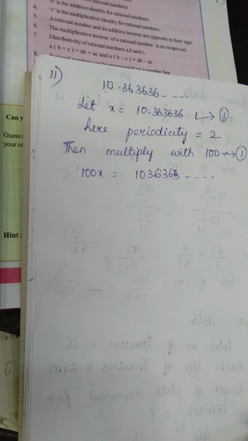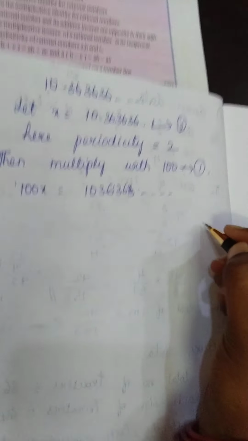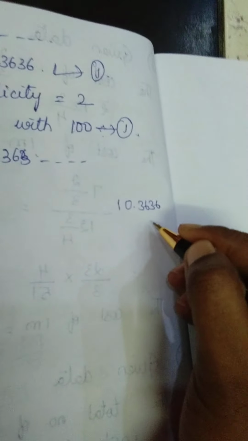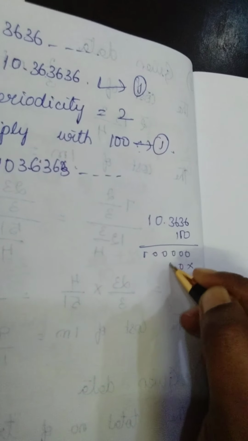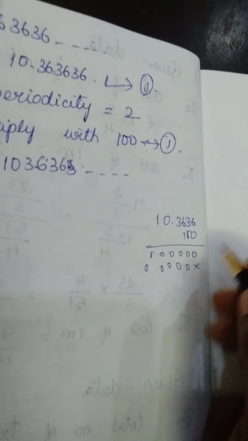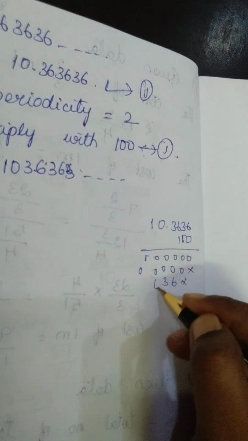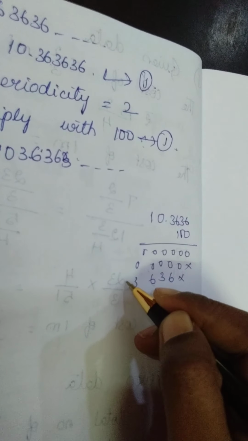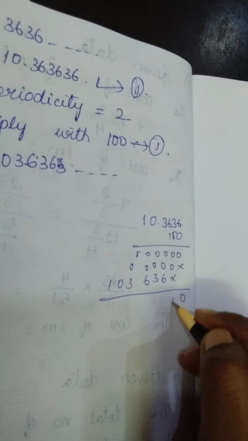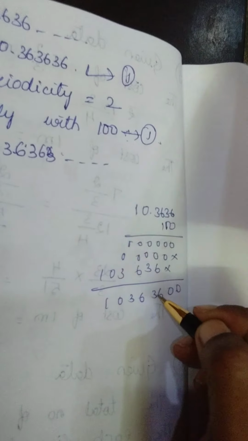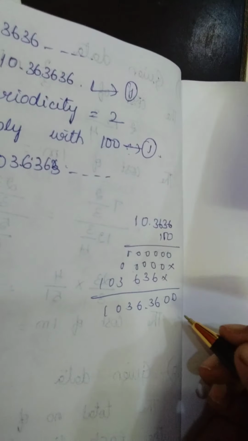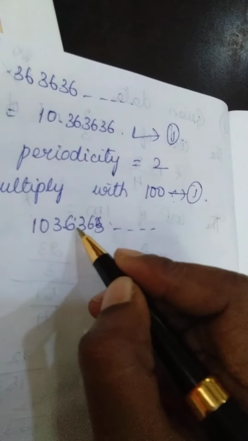If you multiply 10.3636 by 100, you will get 1036.36.